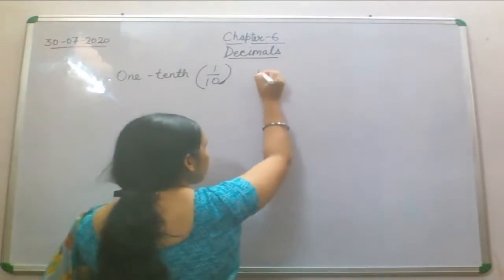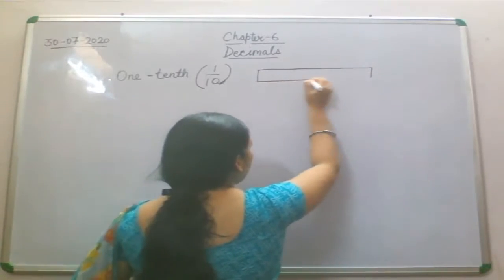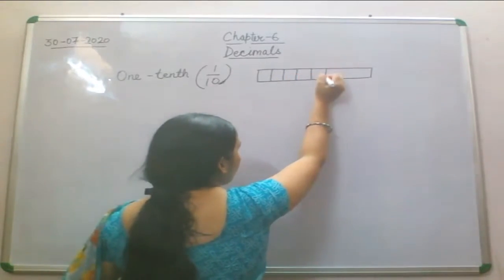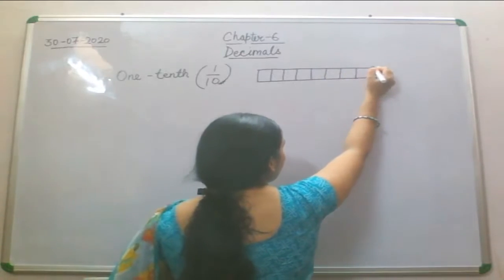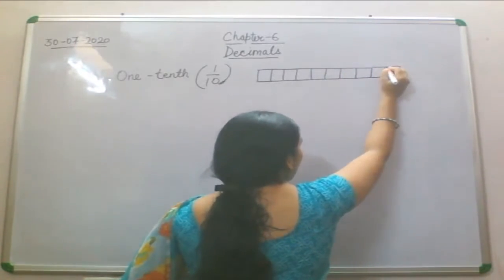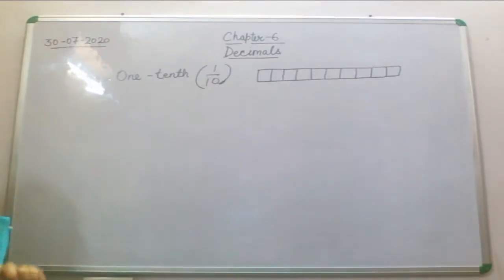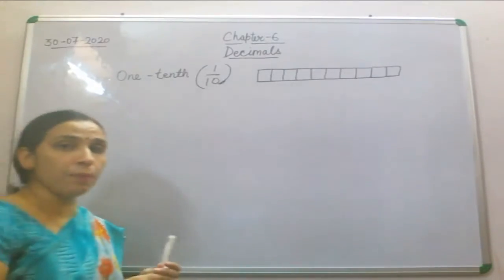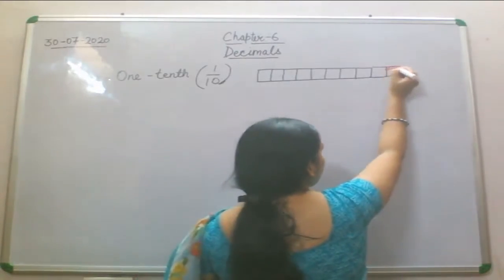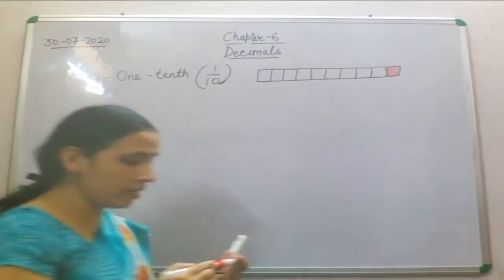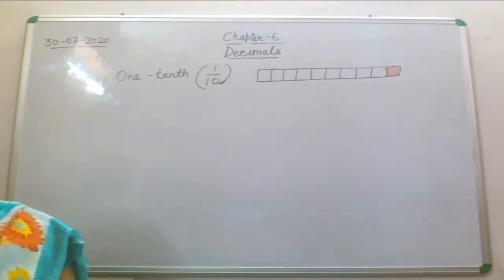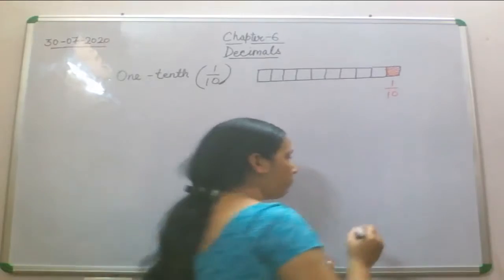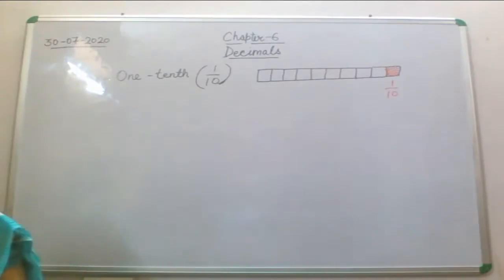It means if you have a figure divided into 10 equal parts, 1, 2, 3, 4, 5, 6, 7, 8, 9 and 10, then 1/10 means you are going to shade one part out of those 10 parts. So it will represent 1/10.